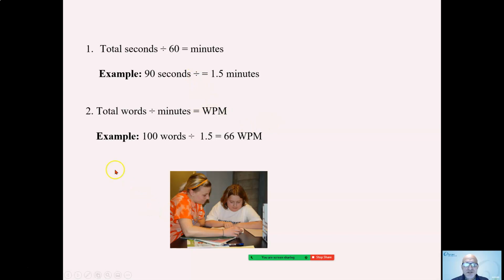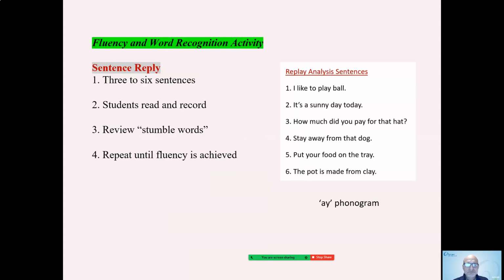Total words divided by minutes equals words per minute. 100 words divided by 1.5 equals 66 words per minute. And that formula is in my book as well. That's why, if you're doing a Miscue analysis or a running record, you time it, because you can find fluency scores at the same time. You don't have to do a separate fluency test.